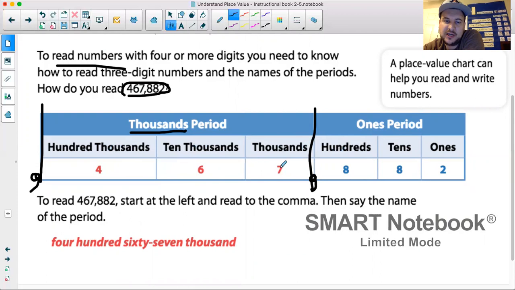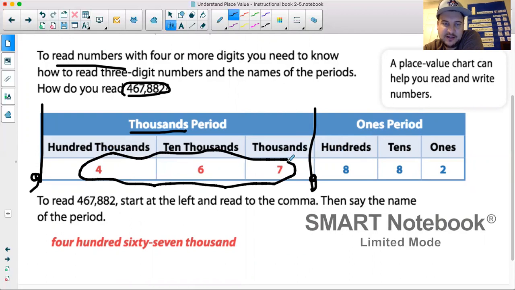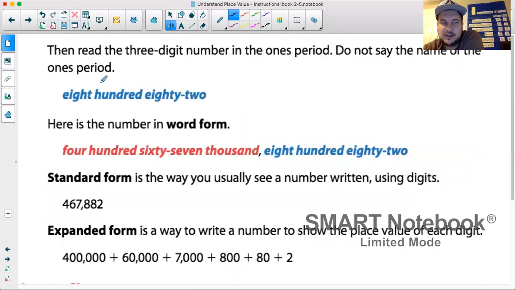You just go ahead and read the number as it appears, 467. Once you have said all the digits in that number, then you say the period. So 467 thousand, not thousands after each one of these. Okay, so 467,000. Then you've got to read the rest of it.